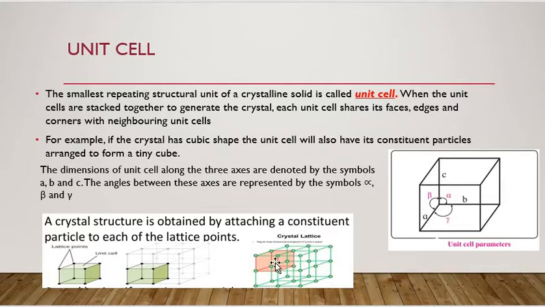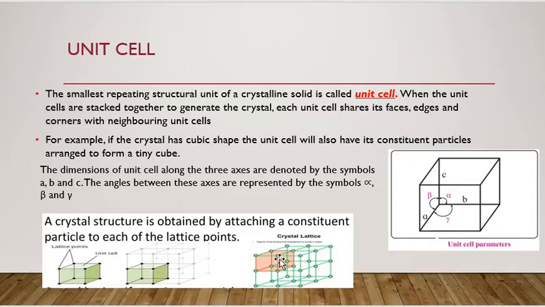So one room is called a unit cell, and in different unit cells there is a different arrangement of particles. They may be at the corners, on the faces of the cube, or inside the body of the cubical structure.